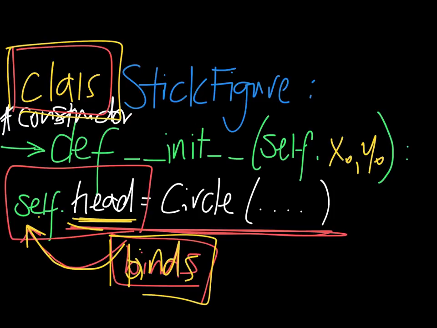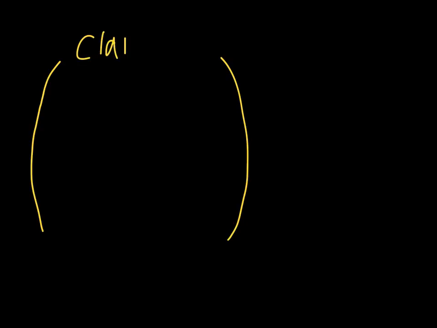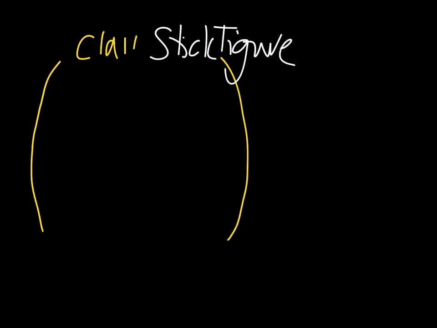Let's draw a diagram. So I'm going to open up that bracket thing just to show you. What we have inside our stick figure class is a bunch of data.